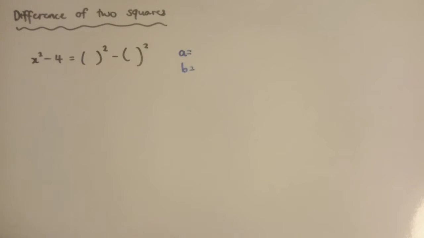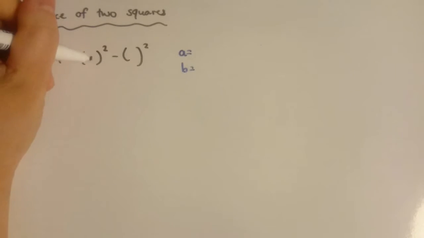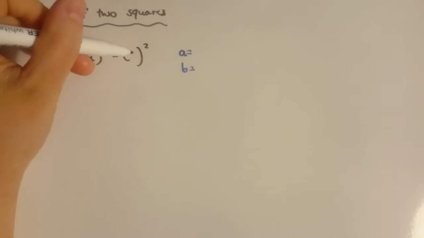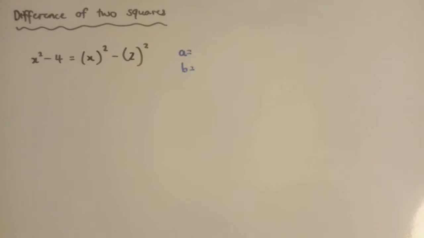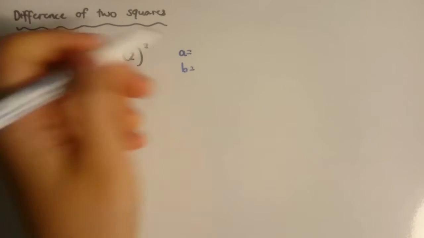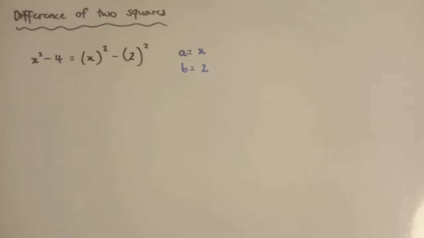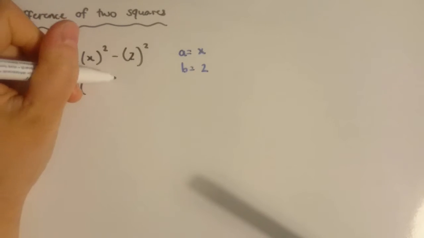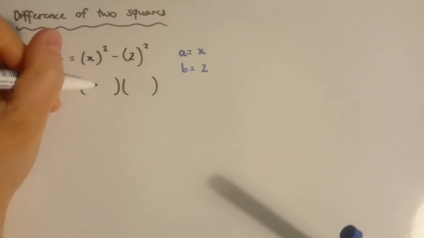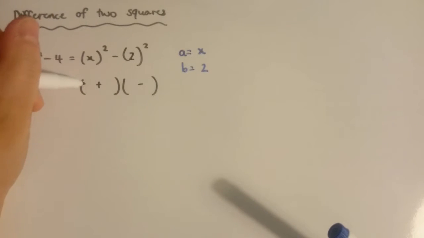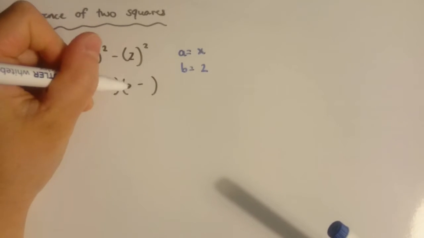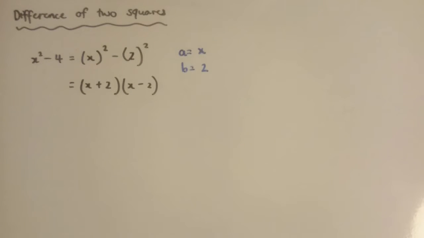Our first term is x squared, and our second term, 4, is actually 2 squared. So our a is x, and our b is going to be 2. We want to write it in the form a plus b, a minus b. So we're just going to pop in x plus 2, x minus 2.